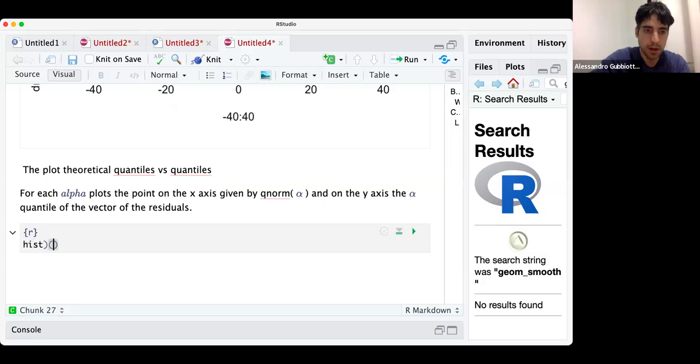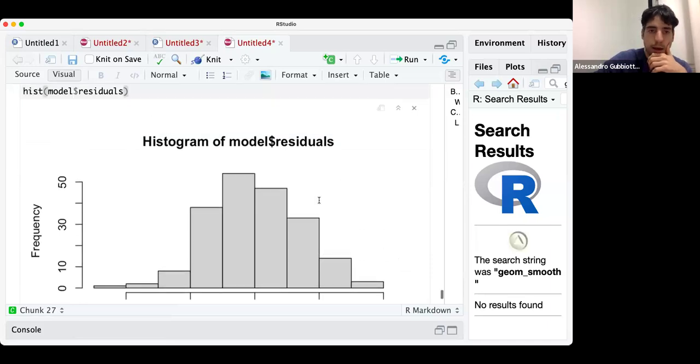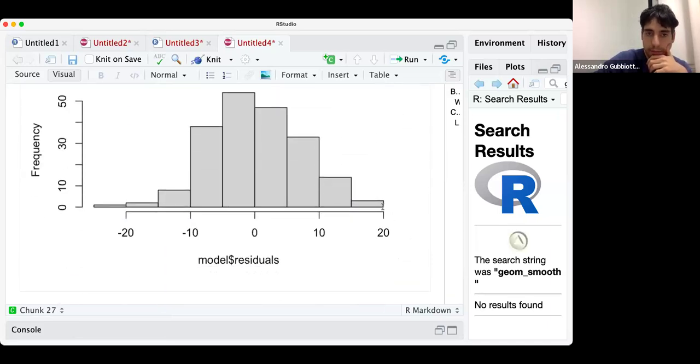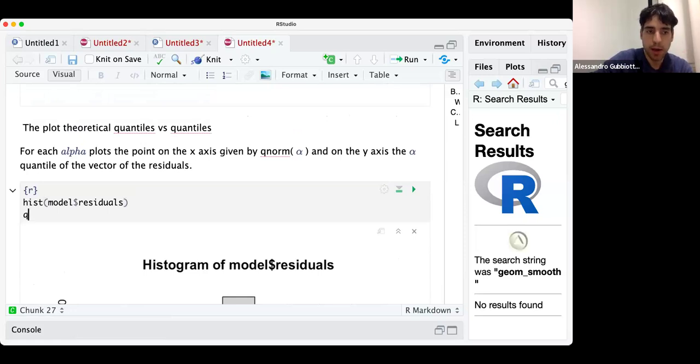So hist of model residuals. They distribute like this. Well, we can take the empirical quantile, the quantile of residuals.